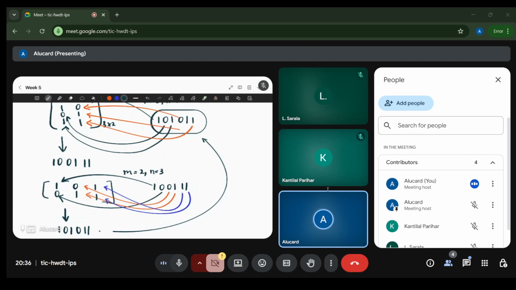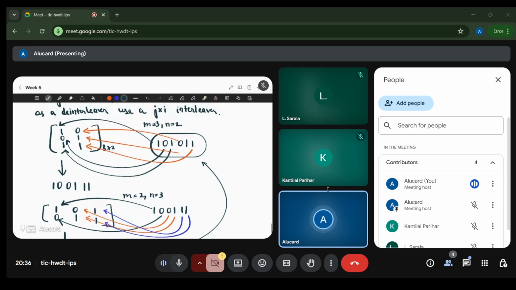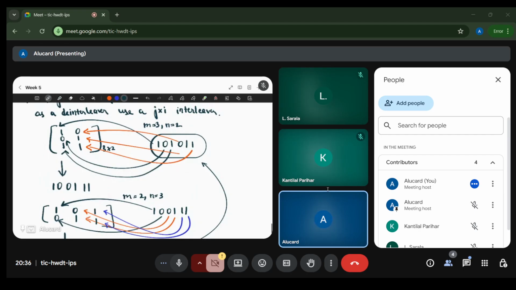So that's why if you have an m by n interleaver and you use that interleaver to do your interleaving, then the interleaved bit stream you can give to an n by m interleaver, and that will do the reverse process.